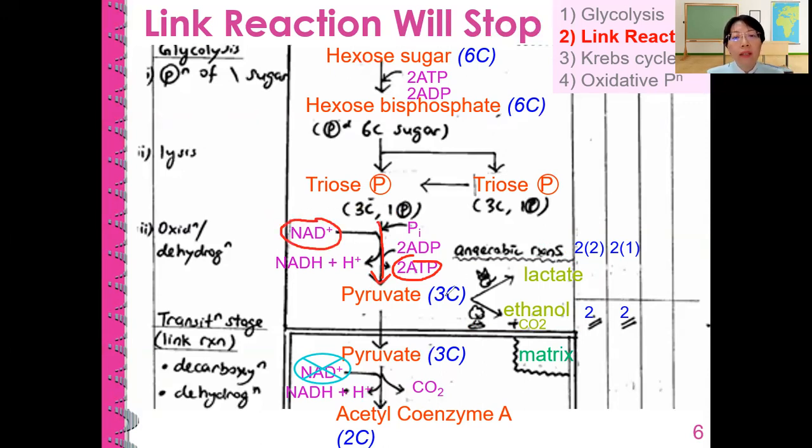So therefore, the cell will go into the anaerobic pathway, whose main purpose is to regenerate back the NAD+. Okay, so let us see how the anaerobic pathway can regenerate back the NAD+ so that the third stage of glycolysis can happen, so that ATP can be synthesized without the presence of oxygen.